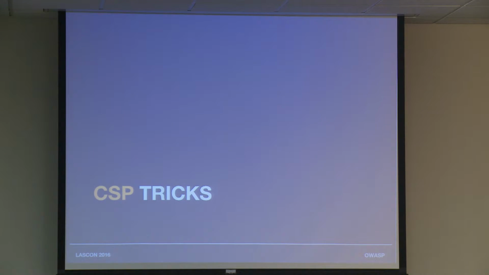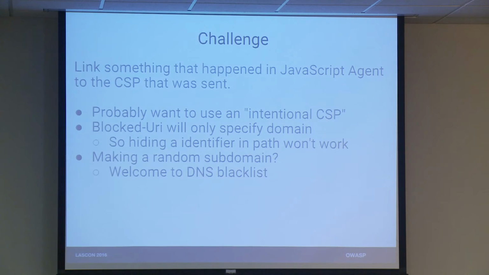And now some CSP tricks. One of the things we had was this JavaScript profiler, and we have CSP reports coming in. We want to match those two things up. And so what we thought about using was an intentional CSP violation. And hopefully they don't change anything to prevent this.